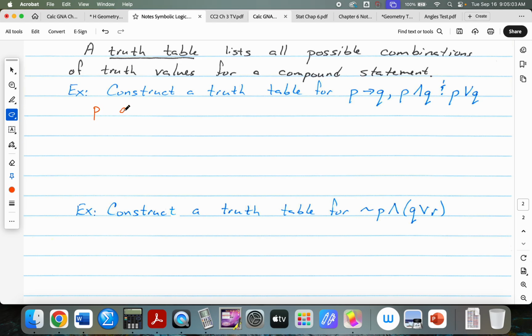We're going to have a column for P and a column for Q. Now, each one of those has two possibilities. It could be true or it could be false, right? So since there's two of them and there are two possibilities, if we take 2 squared, there are 4 different combinations of true and false for P and Q.